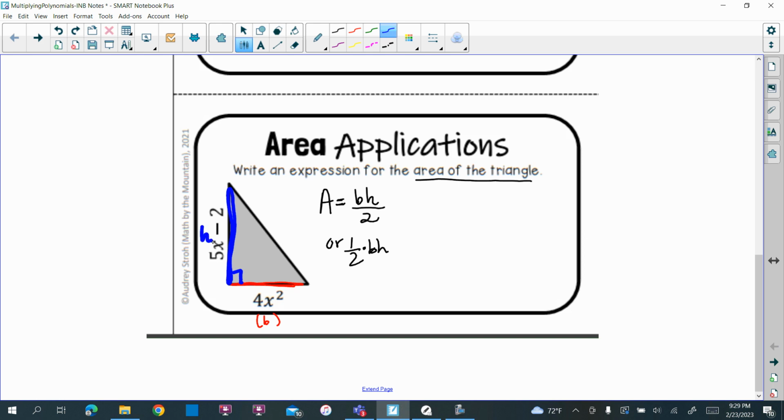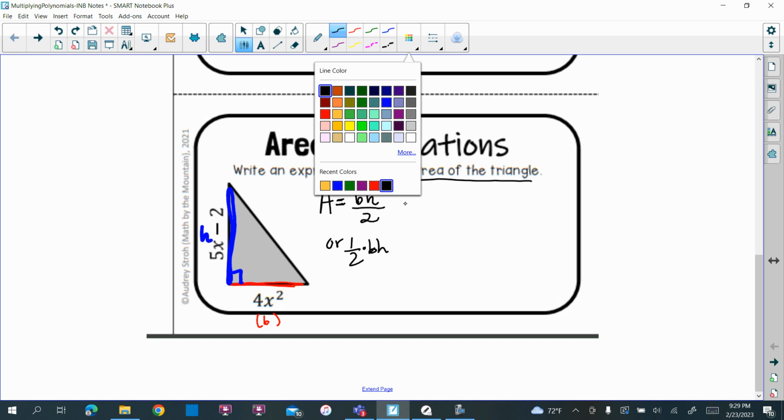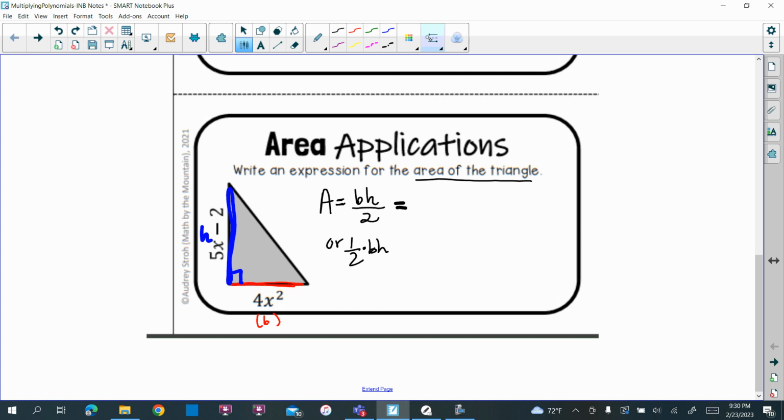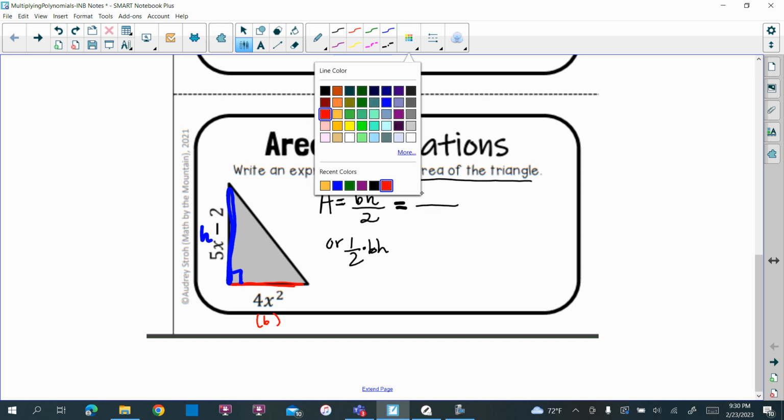So what we're going to do here is we're going to substitute our parts. Let me change my font again. Instead of putting a b, I'm going to substitute that b with that 4x squared.